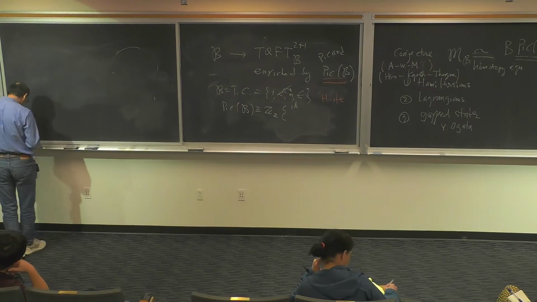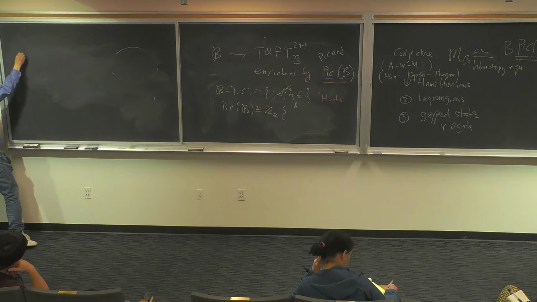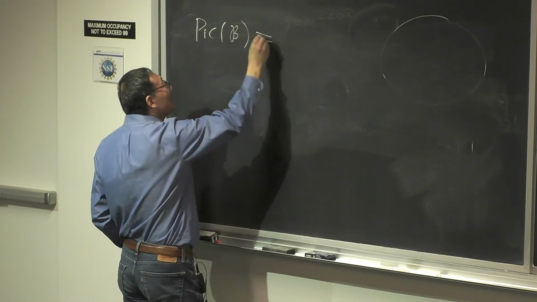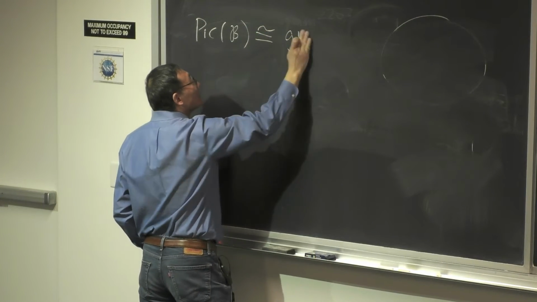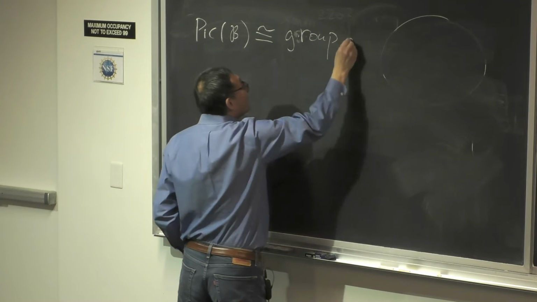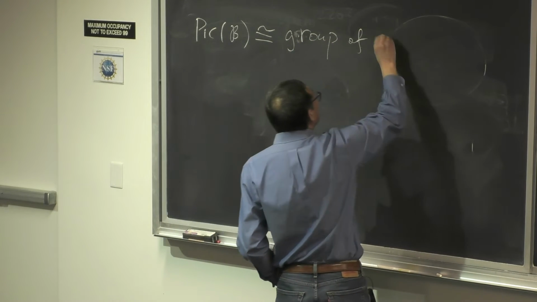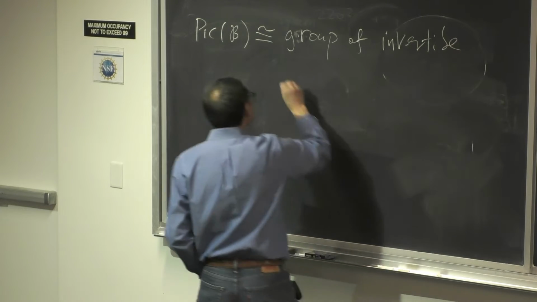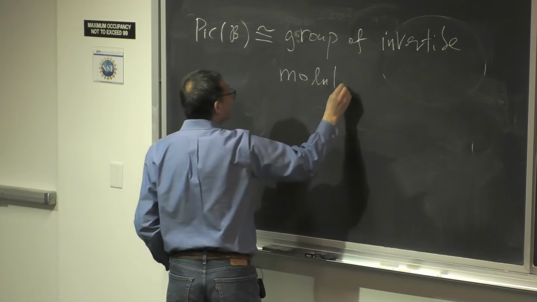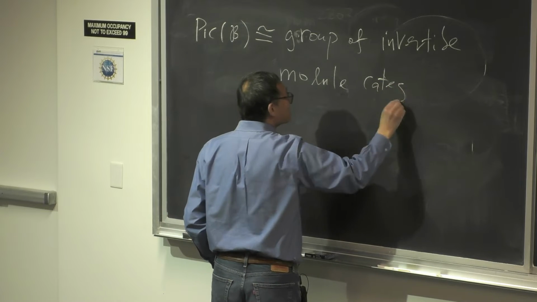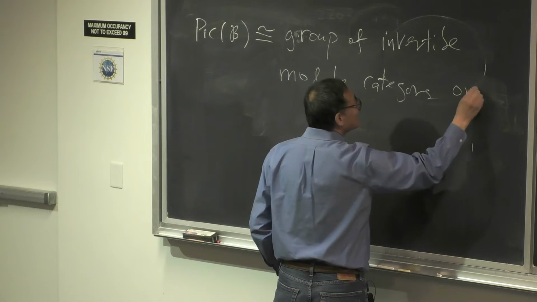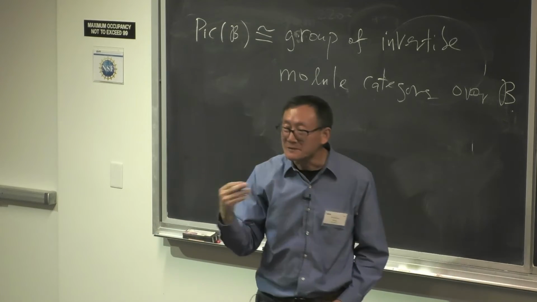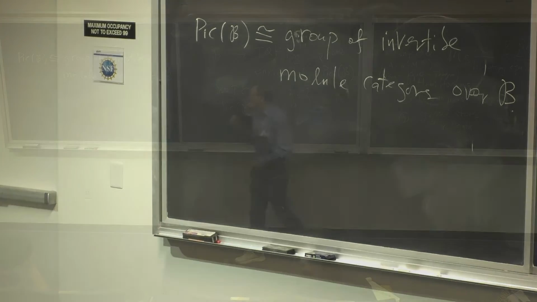So the formal definition of Picard is the group of invertible module categories over B. Everything is up to natural equivalence.